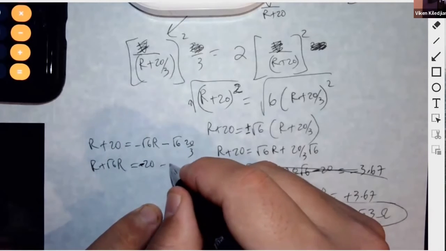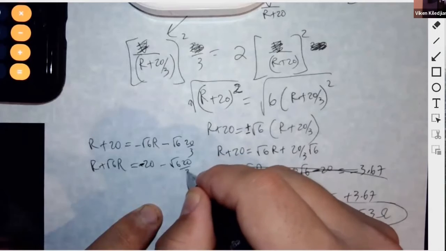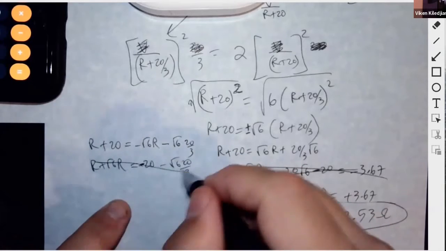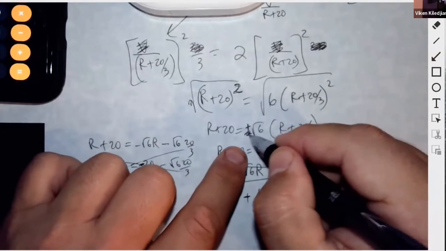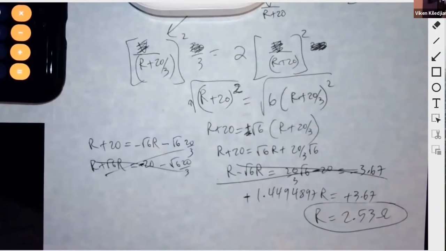Oh no, this gives you negative. Yeah, this gives you negative. Okay, forget the negative option then. Okay, 2.53 ohms.